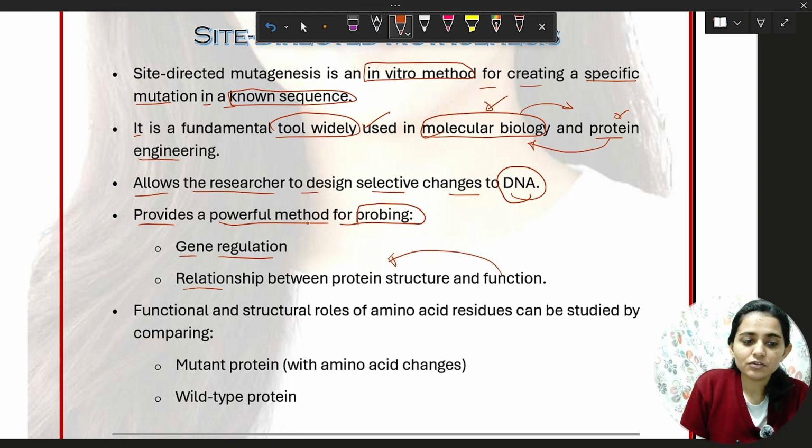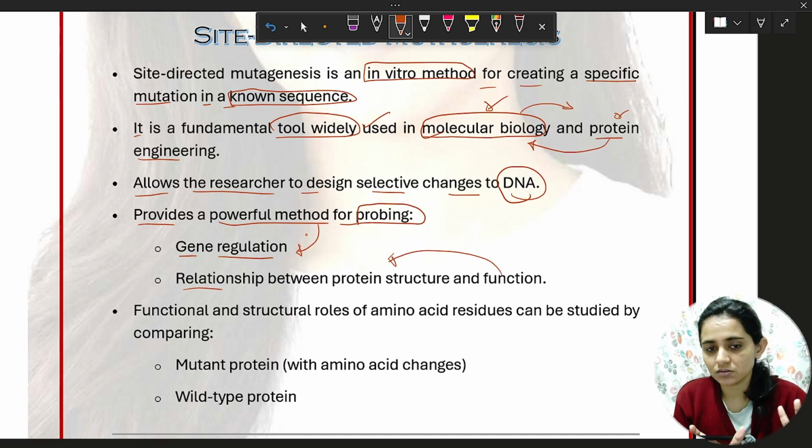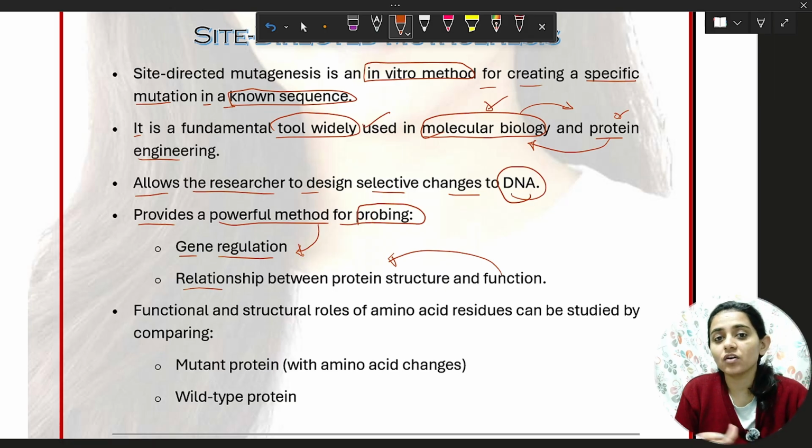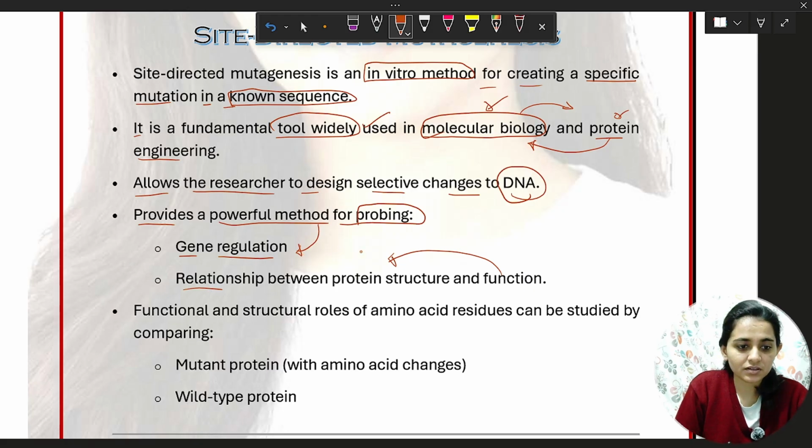So why is this a powerful method? Because we can know the gene regulation, how a gene is getting regulated and how we can modify it, which kind of modification gives what kind of result, and what is the relationship between structure and their function.